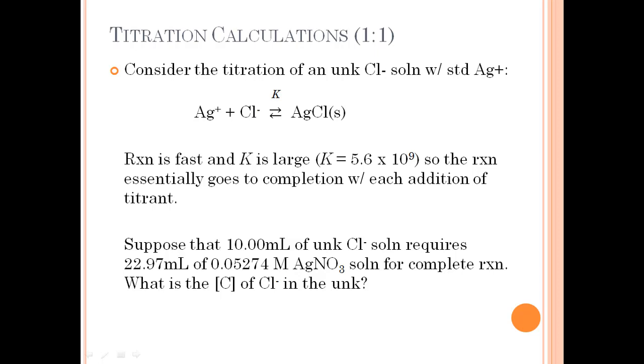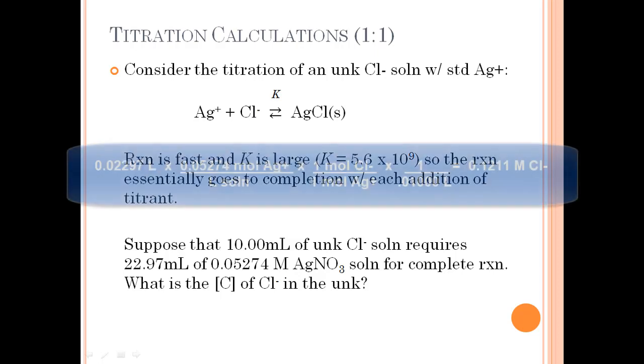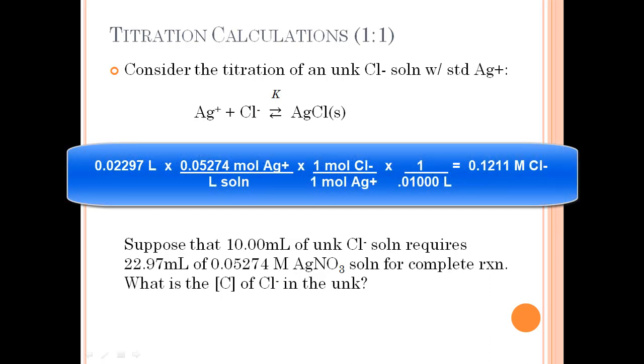So where do I go? I want to know the concentration of chloride. They give me all the information about silver nitrate. So why don't I go ahead and find out how many moles of silver nitrate, because then I know that it's a 1-to-1 ratio. Look at the reaction up here. So all I do is 0.02297 liters times 0.05274 molar, or moles per liter, of silver nitrate. That gives me moles of silver nitrate.